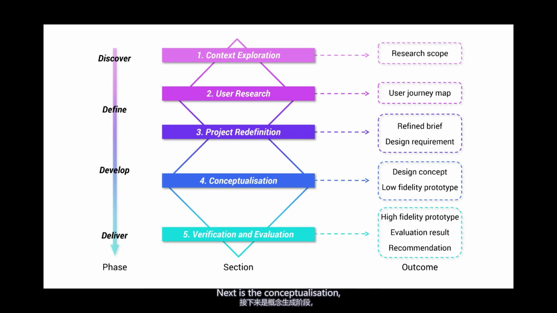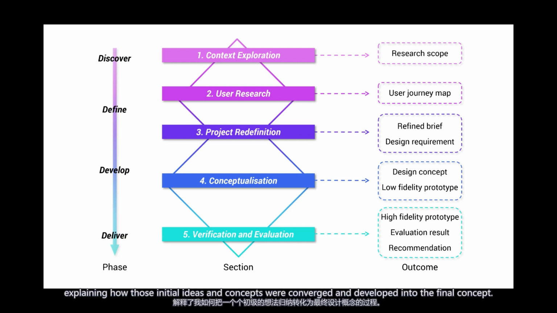Next is the conceptualization, explaining how those initial ideas and concepts were converged and developed into the final concepts. In the last section, the evaluation of the final concept was conducted, and the final design will be delivered with a demo.